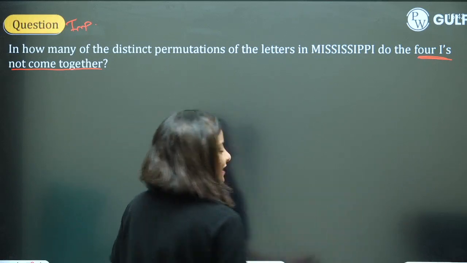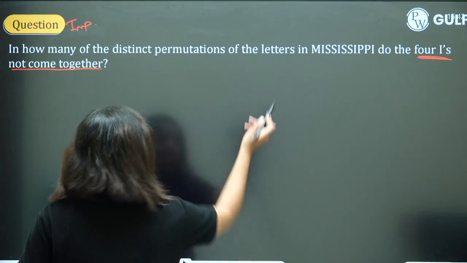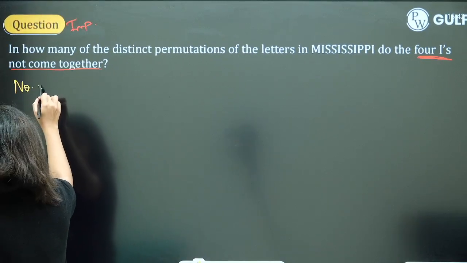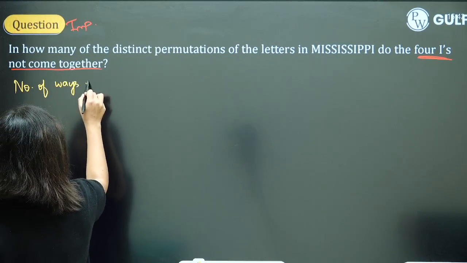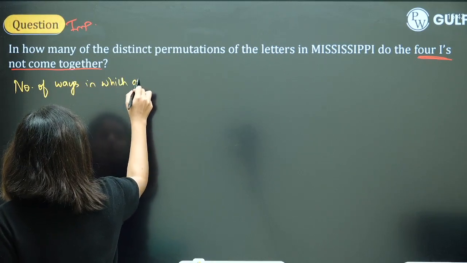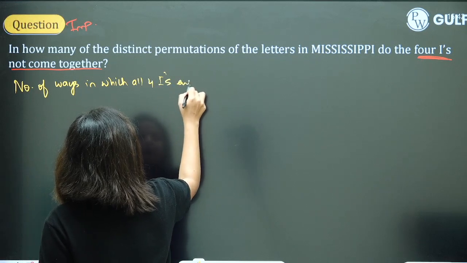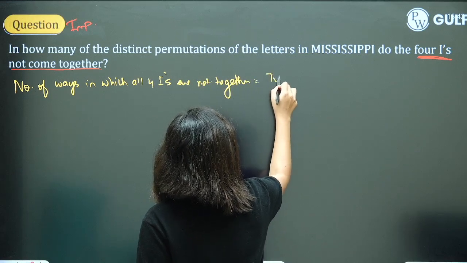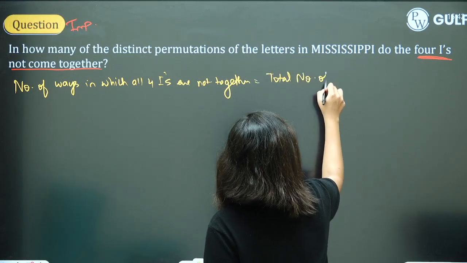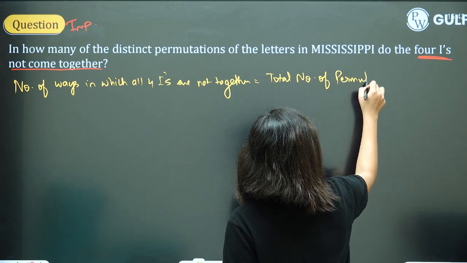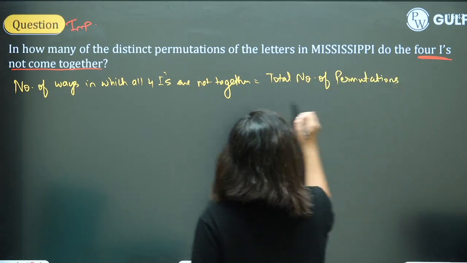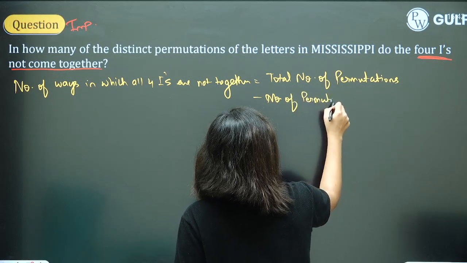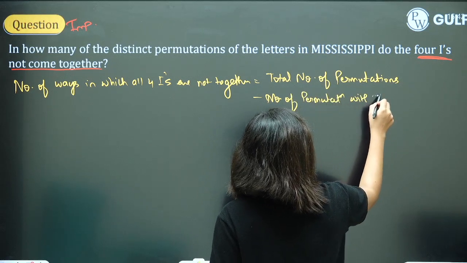This question is approached like this. The number of ways in which all 4 I's are not together is equal to the total number of permutations of the word Mississippi minus the number of permutations with I always together.